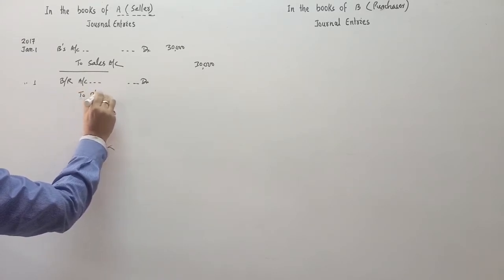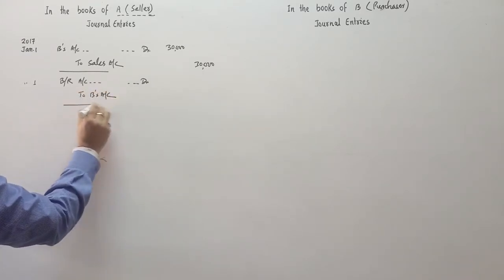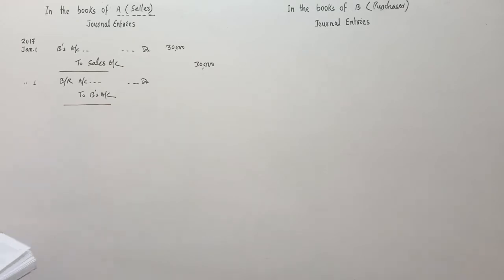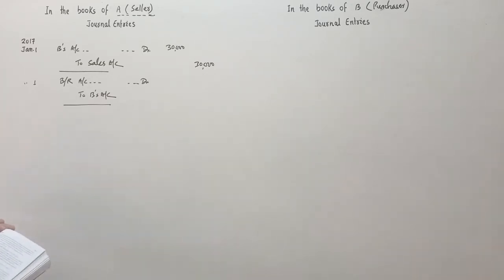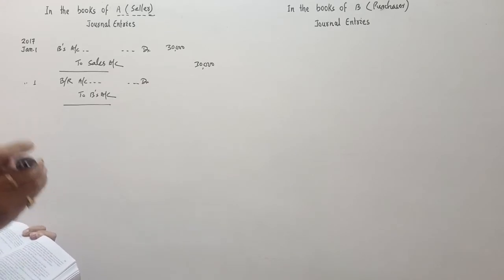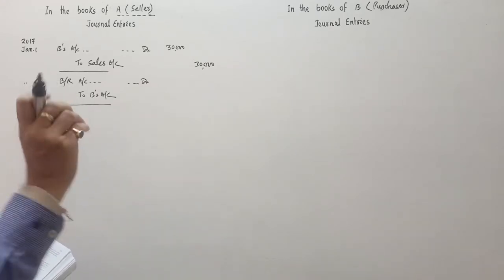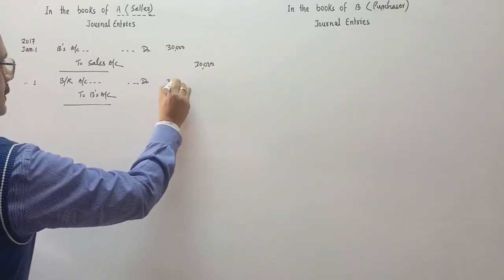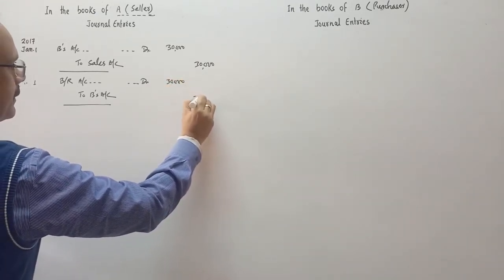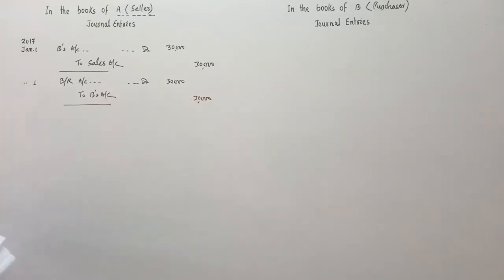B has accepted the bill which is drawn by A. So the narration will be: being bill drawn over B for 3 months which is accepted by him. So 30,000. When the bill is accepted by B, for A it is a bills receivable.